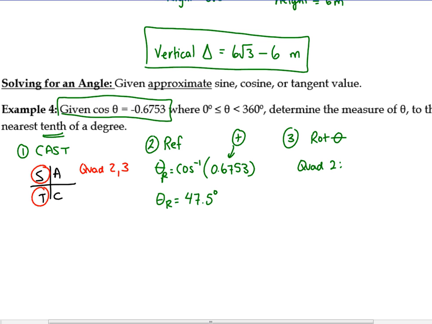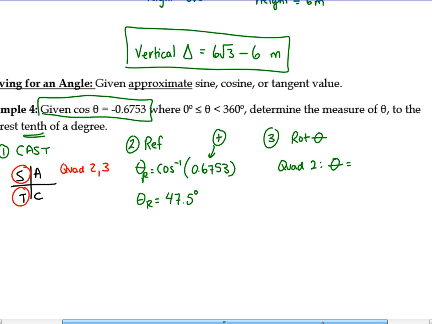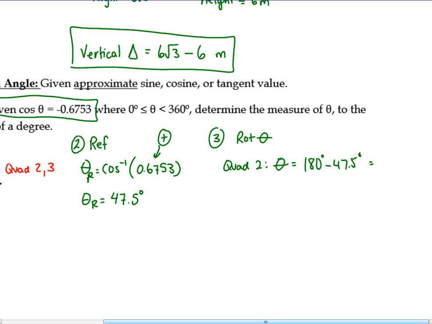Quadrant 2, how would I get it? 180 minus 47.5, which equals 227. No, I added. Let's try that again. That would be 132.5.